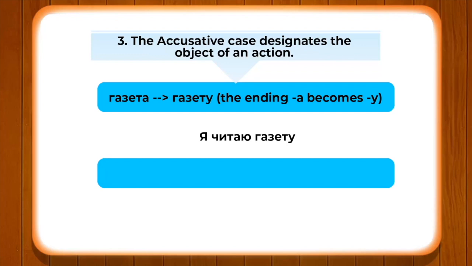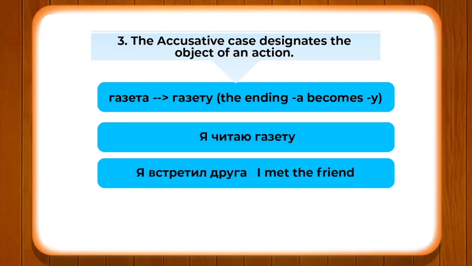But if it is animate and a masculine gender, then we have a construction. Я встретил кого? I met who? I met my friend. So in this case I am saying я встретил друга. If it is Антон, я встретил Антона, Ашока, Рамеша, etc. So in this case the construction would be like this.